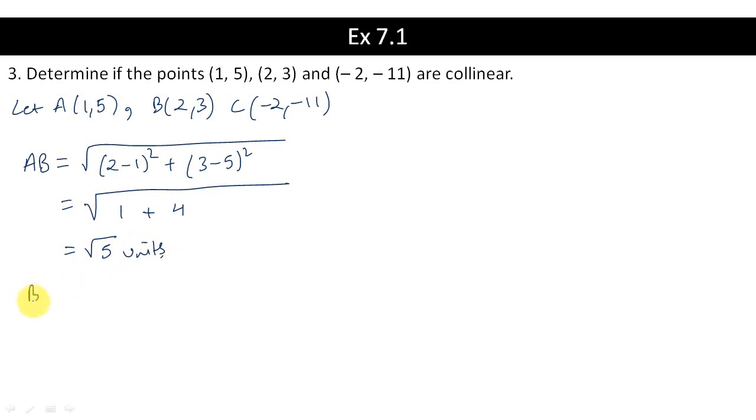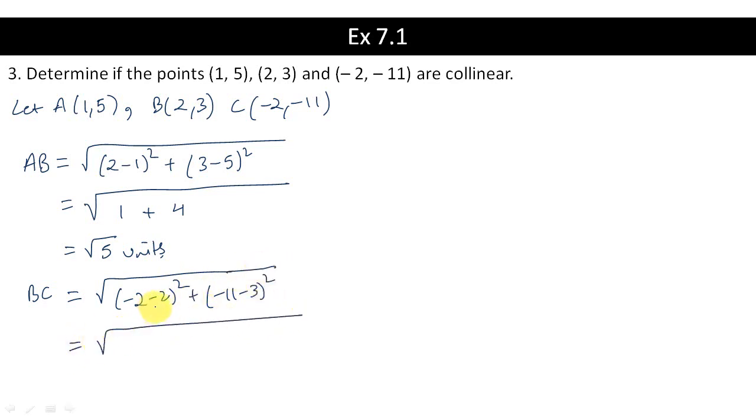Now we'll find the distance BC. BC is under root of (-2 minus 2) square plus (-11 minus 3) square. So this will be under root of 4 square, which is 16, plus 14 square, which is 196. So this is under root of 212 units.